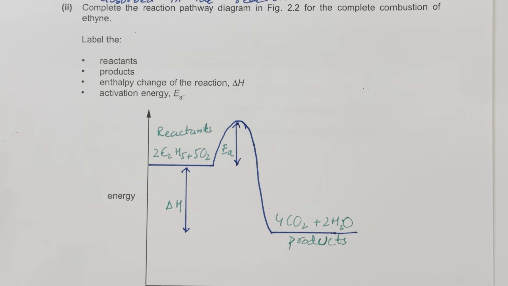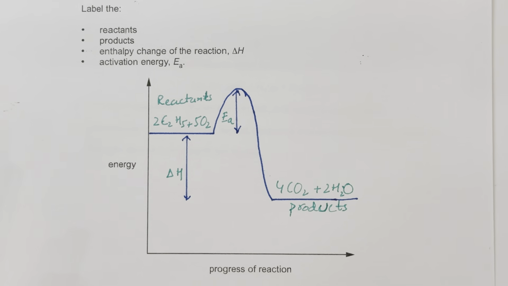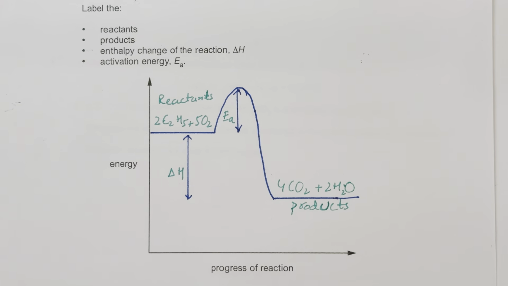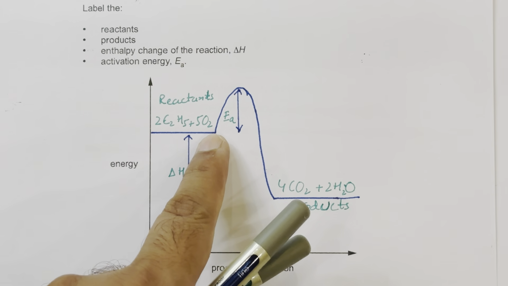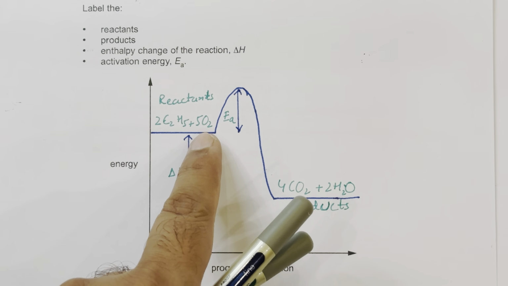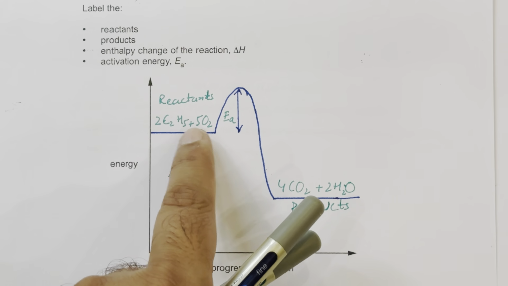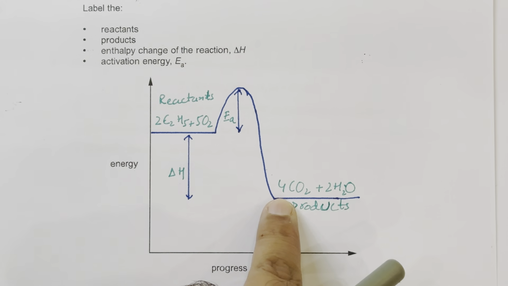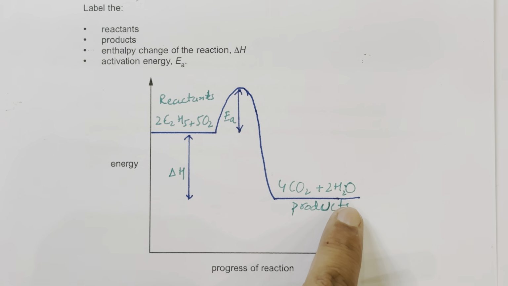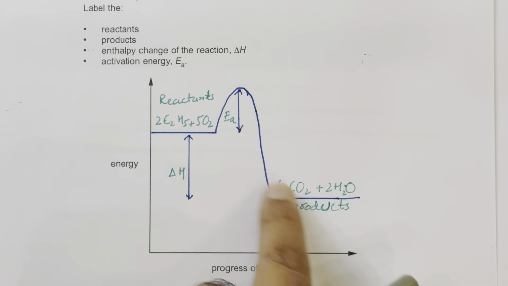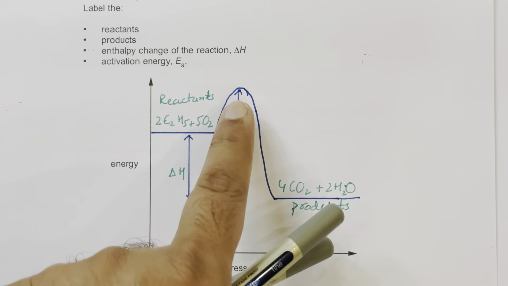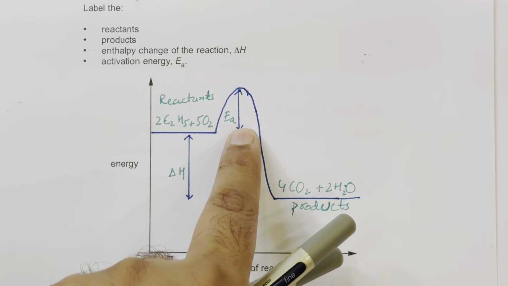So this is a very famous question in which you have to draw an energy profile diagram where you have to show reactants and products and activation energy and delta H. So we're going to draw a line over here, and to show the reactants' energy, we know that for an exothermic reaction the reactants have more energy compared to products. So we're going to draw the line for the product energy level below the reactants, and the difference between the peak point and the reactants is always activation energy.